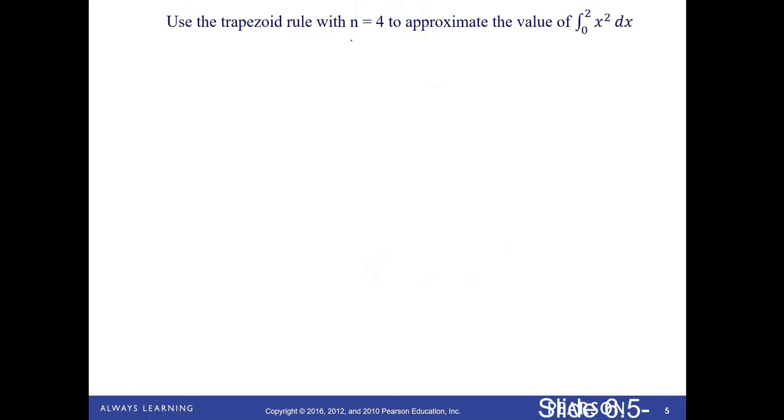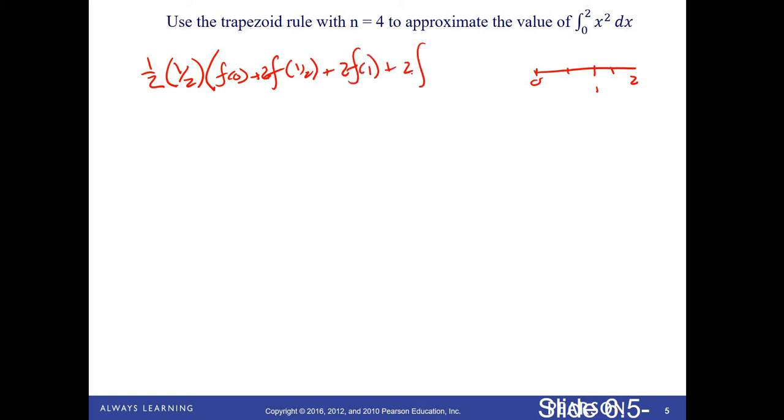Okay, so let's do one. Use the trapezoid rule with n equals 4 to approximate the value. So the first thing we're going to do is use our trapezoid rule. I'm going to take 1/2 of h, in this case 0 to 2, divided into 4 approximations, each one is 1/2, times my first y value, f of 0, plus 2 times f of 1/2, plus 2 times f of 1, plus 2 times f of 3/2, plus f of 2.